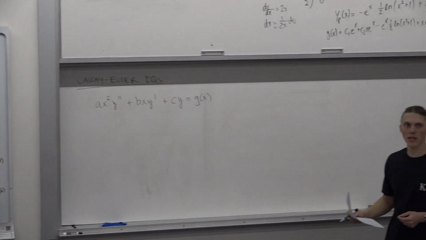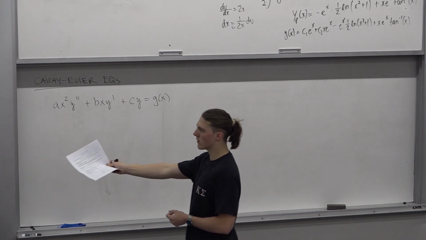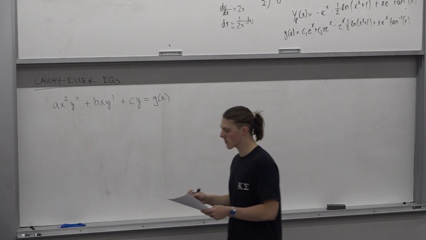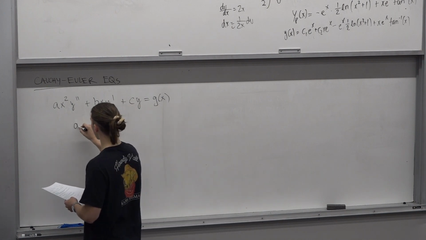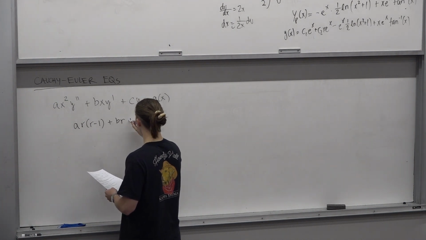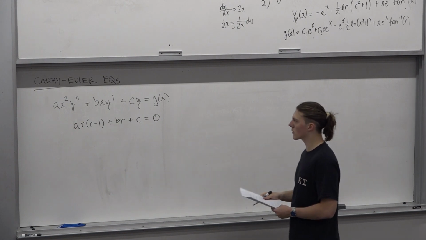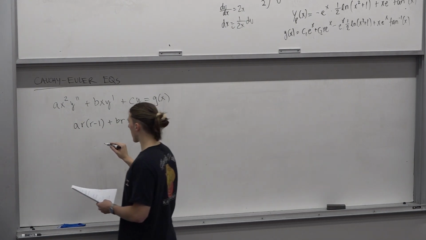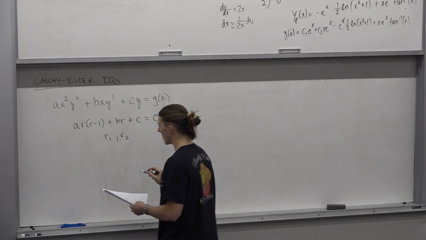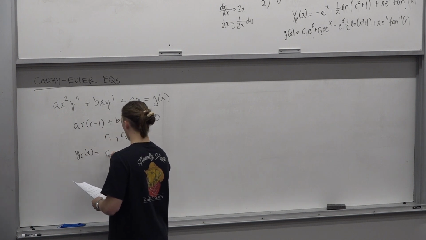And exactly like last time, we have a characteristic polynomial, and we have a new characteristic equation that looks like this. When we solve for r and have r1, r2, we get our complementary solution, and it looks like this.